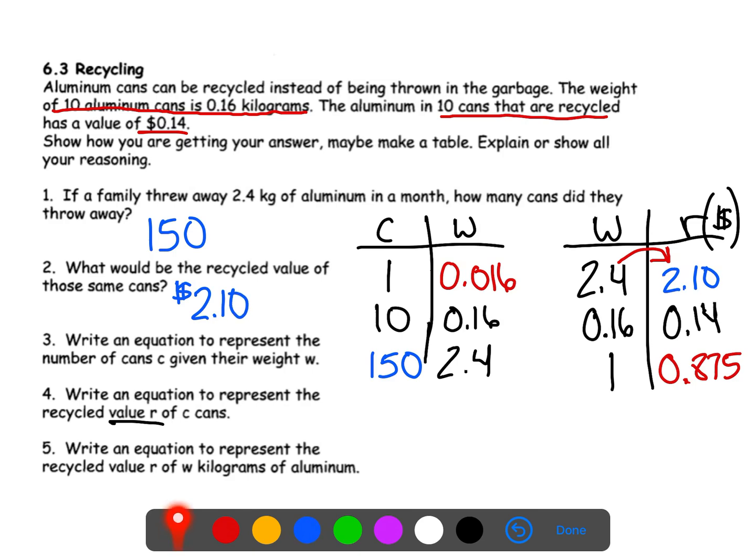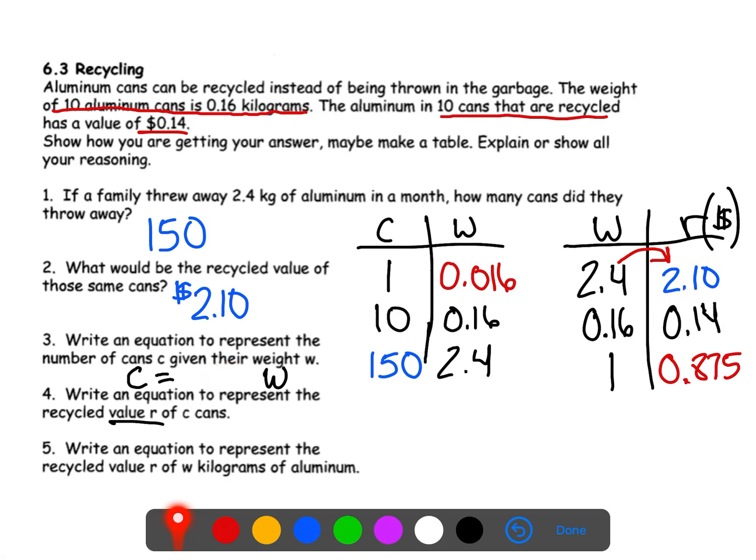Now we're going to go to the equations again. So first it asks to write an equation to represent the number of cans C given their weight W. All right, our equation is we want to find the number of cans C using the weight W, and I just need to know the constant of proportionality here.